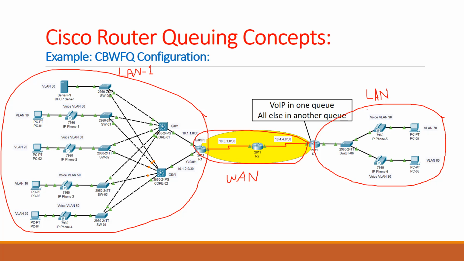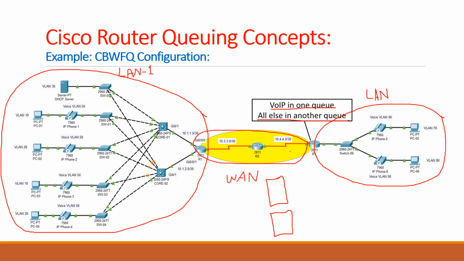The requirement is that we need to configure quality of service queuing using the tool class-based weighted fair queuing for VoIP in one queue and all other traffic in another queue. So we will just make one queue, and as we mentioned, there is a class default queue that matches the packets that do not match the first command.